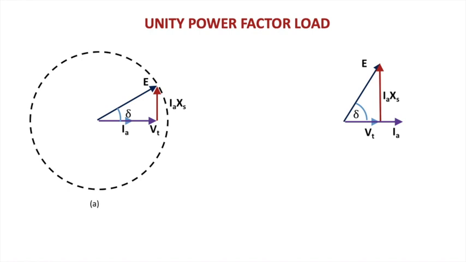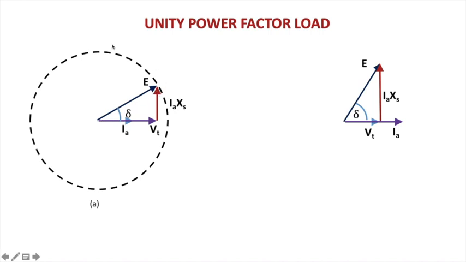Now we will see the condition for the unity power factor load. This is the first case where we have considered some amount of armature current and the terminal voltage. This is your terminal voltage, this is the armature current, and due to the internal drop you get the induced EMF.